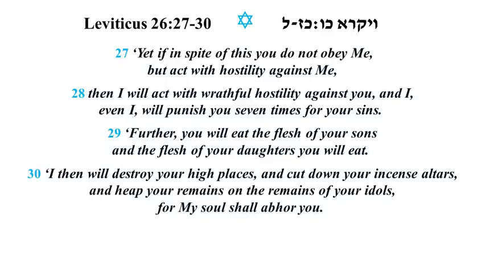Further, you will eat the flesh of your sons, and the flesh of your daughters you will eat. I then will destroy your high places, and cut down your incense altars, and heap your remains on the remains of your idols, for my soul shall abhor you.